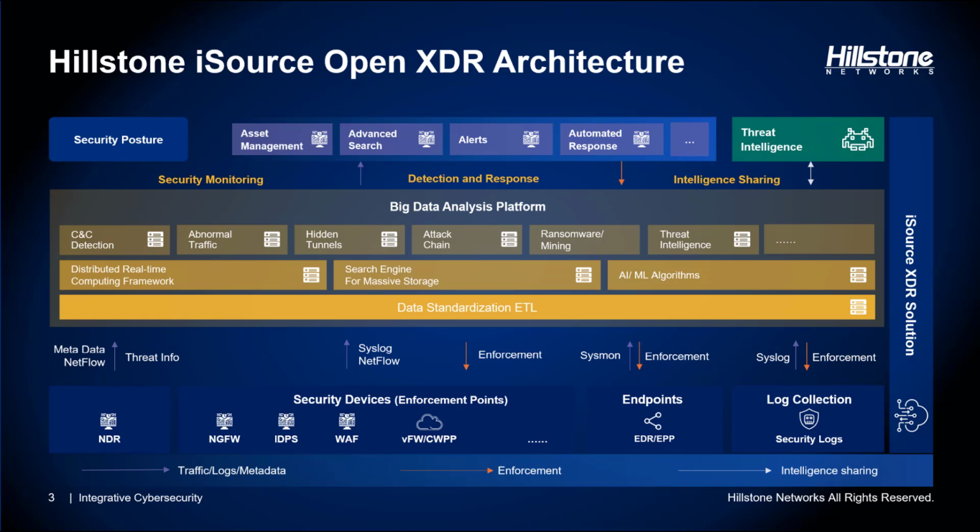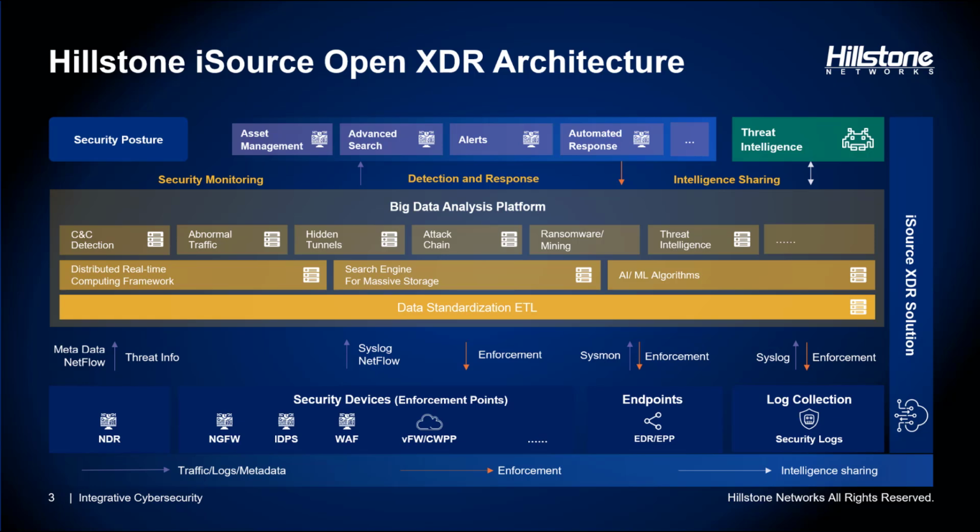It also offers the capability to analyze attack chains and analyze behaviors. And all of this is powered by a distributed real-time computing framework, with machine learning playing a bigger role with every release.